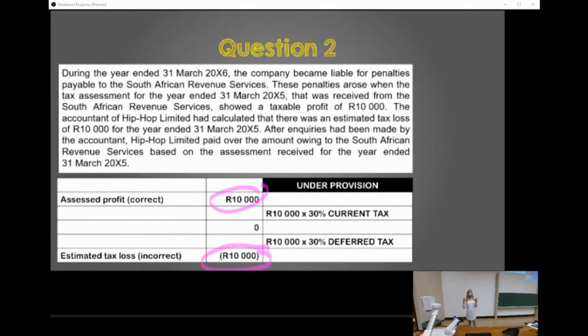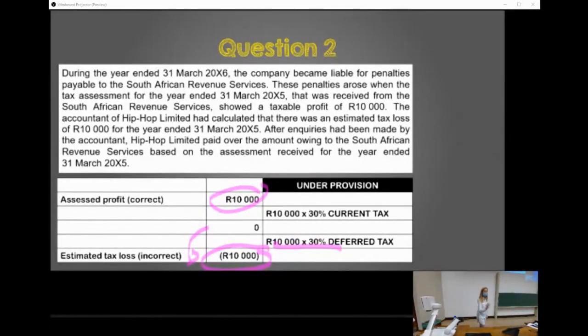Okay, so the deferred tax liability was smaller because the accountant recognized this deferred tax asset. So the movement from zero current tax to this deferred tax asset, or to the loss, was recognized as a deferred tax asset or a debit. However, now the receiver comes and says, sorry, no, you actually have a profit.